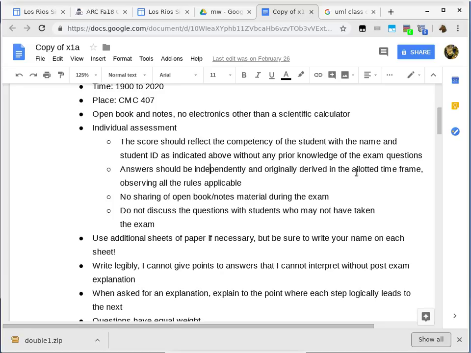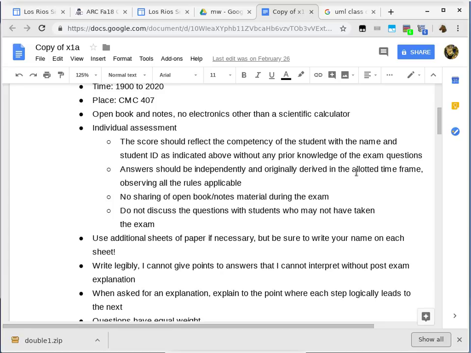No sharing of notes and the book during the exam. So if you guys want to work on common notes or pieces of paper to bring in, that's okay. But you have to do it prior to the test. Okay, so let's say the entire class here decides, we'll just sit together and study together and come up with the quote unquote cheat sheet together. That's okay with me. It's not a problem.